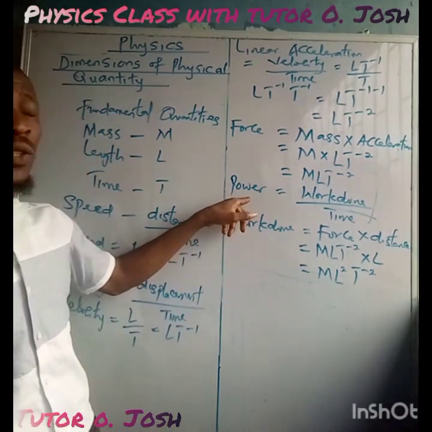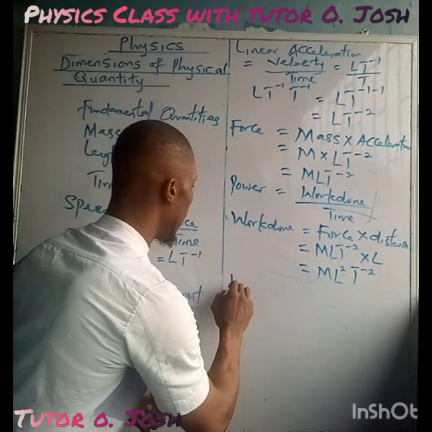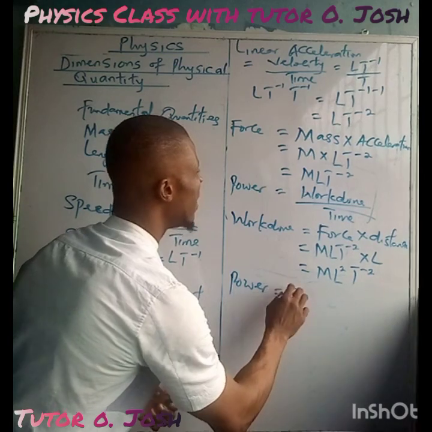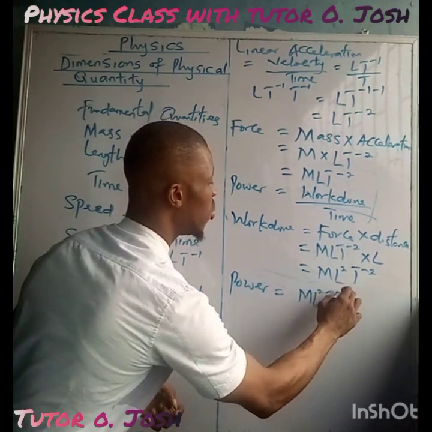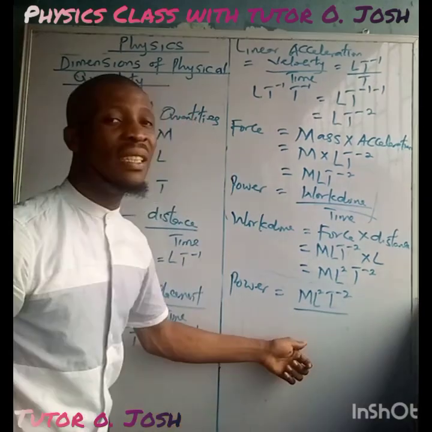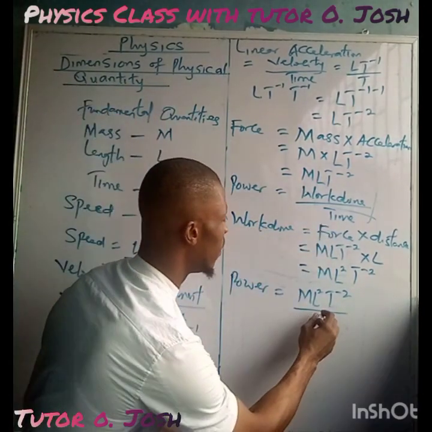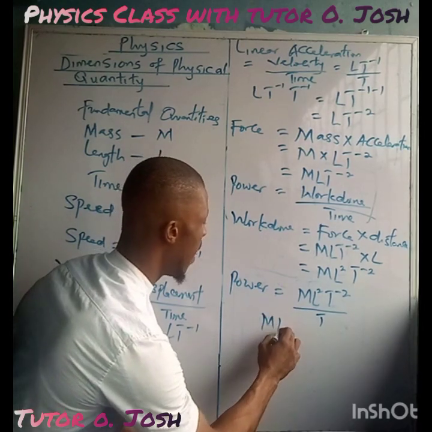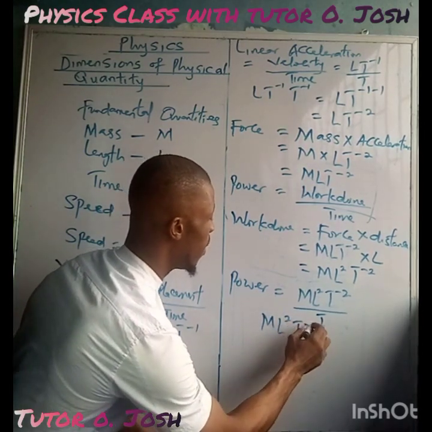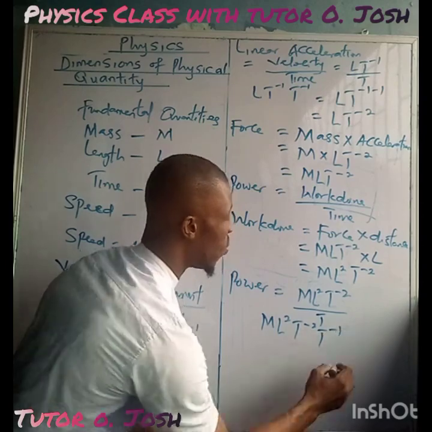Now, what is the dimension of power? It is given as work done, which is ML^2T^-2, over the dimension of time, which is T. This can be written as ML^2T^-2 times T^-1.